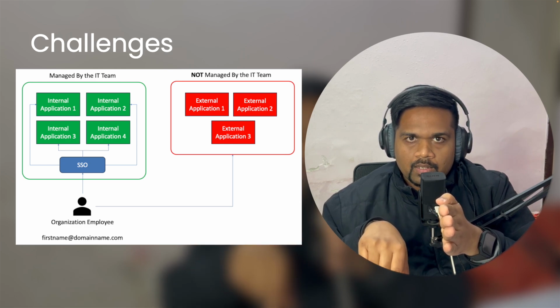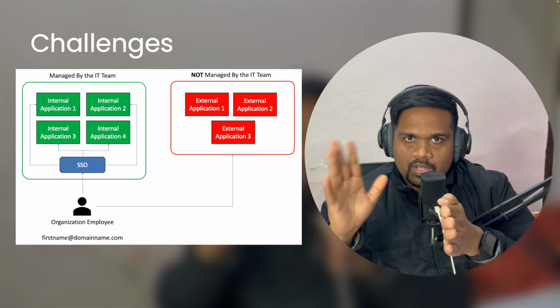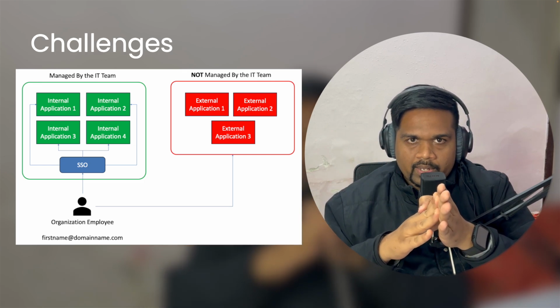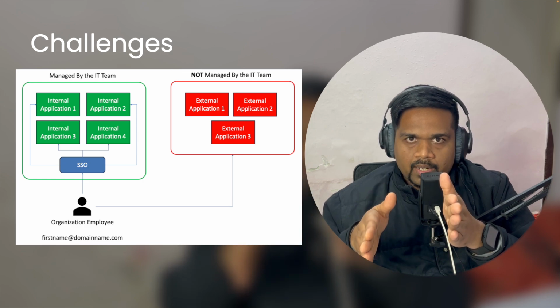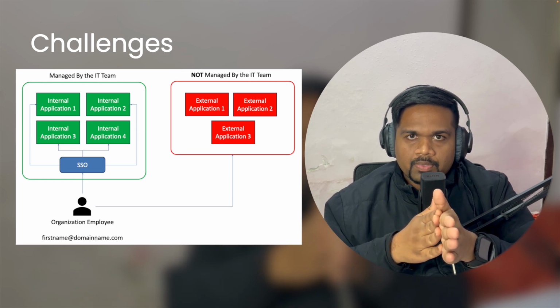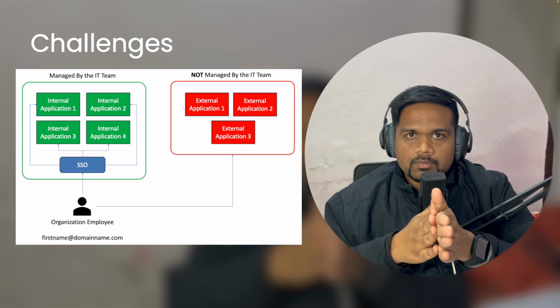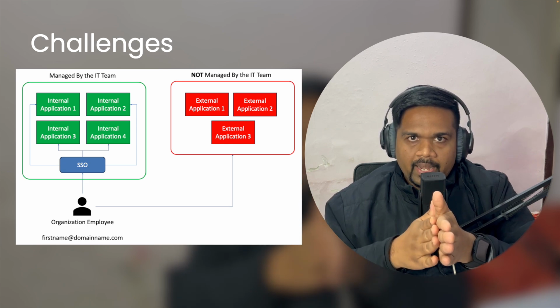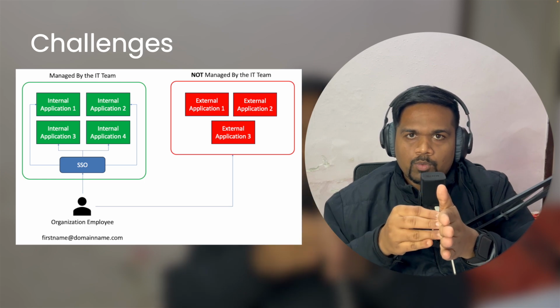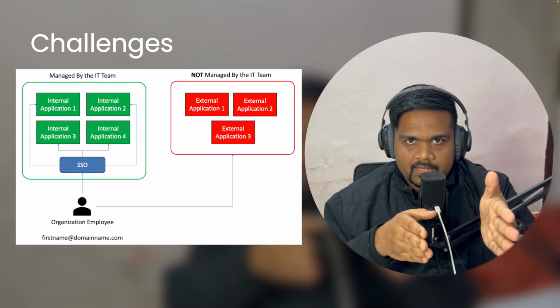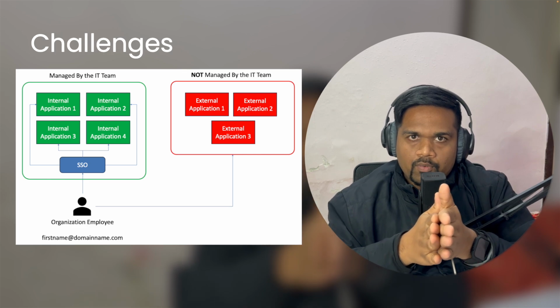Now, 31st of December was his last working day. Consider he left the organization. Once he left, what will the organization do? The entire IT team will block his email ID from the SSO level, right? Because he should not be able to access the in-house applications, since SSO is the single gate.